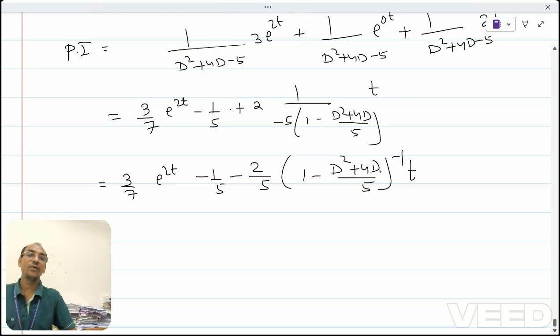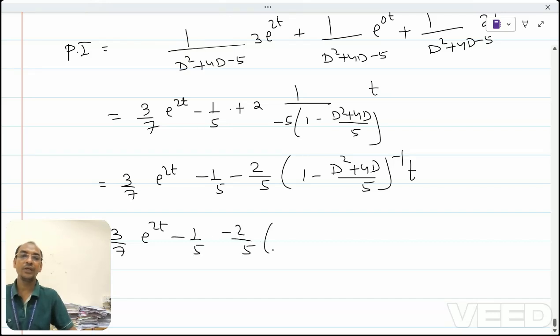Now only the first order derivative we need here; second order and onwards it will be 0. So we can have 3 by 7 e to the power 2t minus 1 by 5 minus 2 by 5 into t, and then minus 4 by 5.